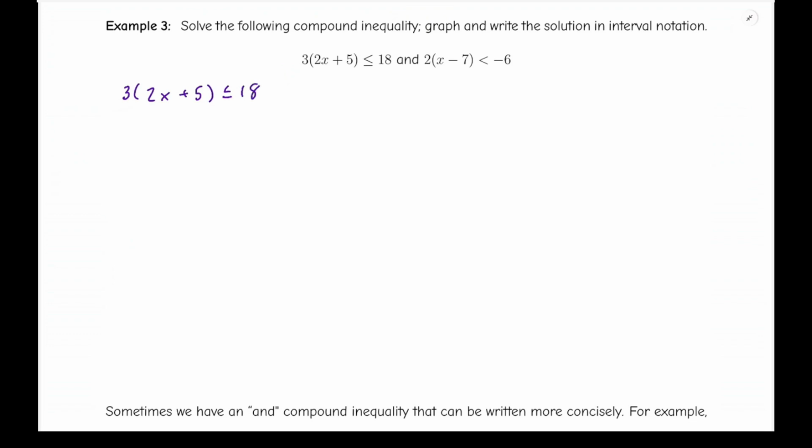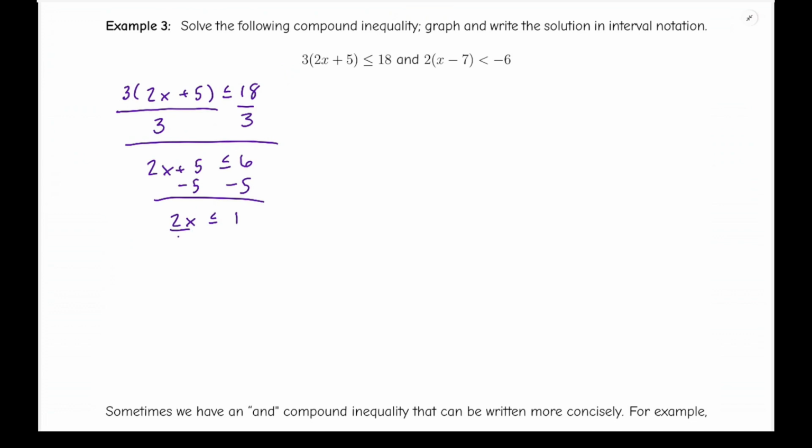We can distribute that 3, or my preferred step is to divide by 3. So then we get 2x plus 5 less than or equal to 6. Subtract 5. 2x less than or equal to 1. Divide by 2. x less than or equal to 1/2.